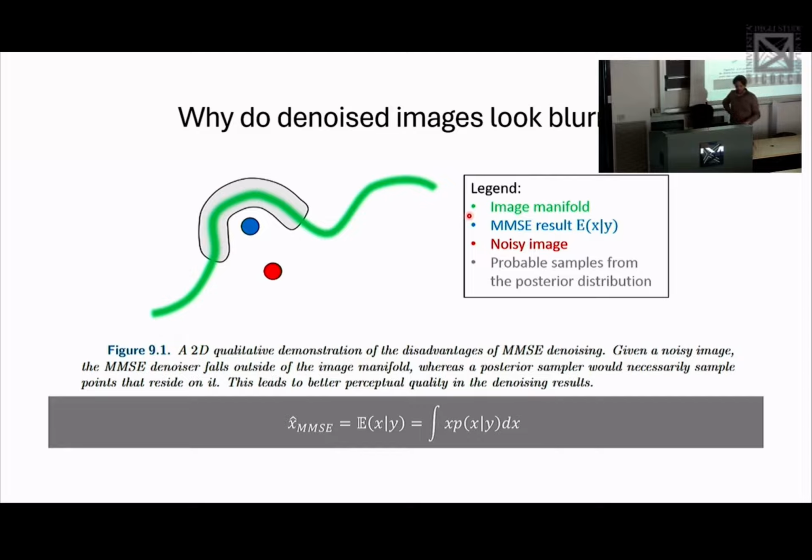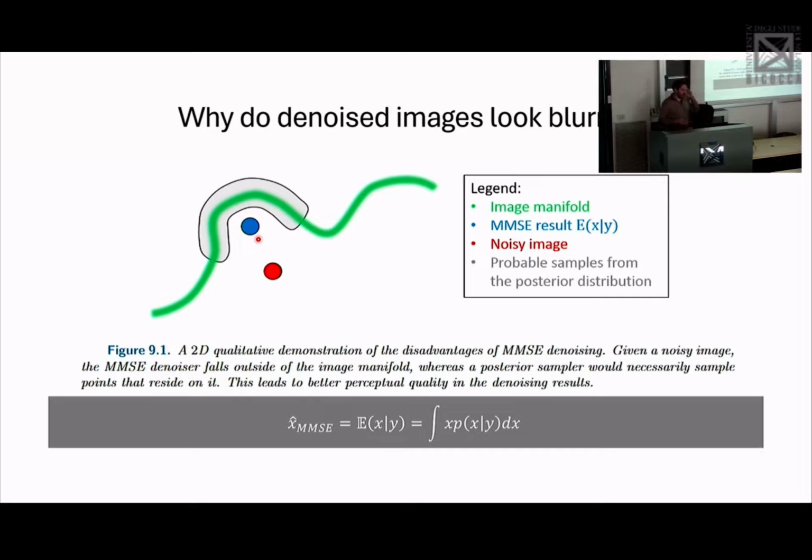Otherwise, the image will not be natural looking. However, due to noise, I measured this red value here. So if I ask my denoiser, any denoiser, independently of how good it is, to recover the mean square error, it will weight all possible solutions by their probability, and it will give me the minimum square error, which will not be a natural image.